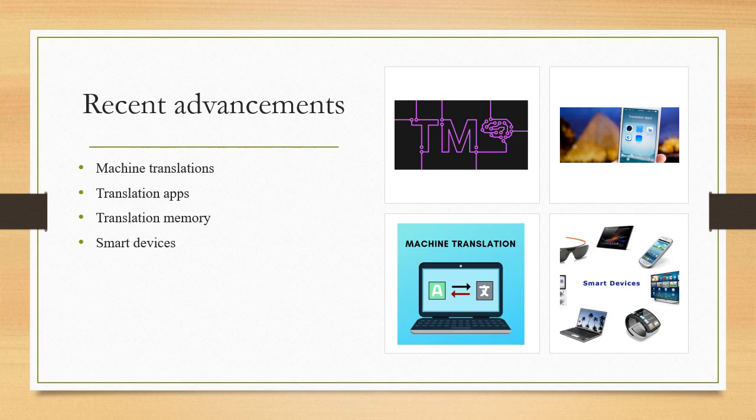Translation apps. These days, various mobile applications provide cheap and fast translations. Translation memory is a computer-based feature that serves existing human translations so they can be reused in future translations in order to improve the accuracy of professional translations.